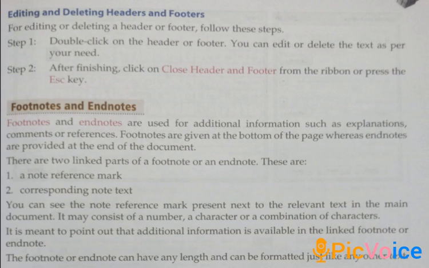We can see that note reference mark present next to the relevant text in the main document, and it may consist of a number or a character or a combination of characters. And it is meant to point out that additional information is available in the linked footnote or endnote.